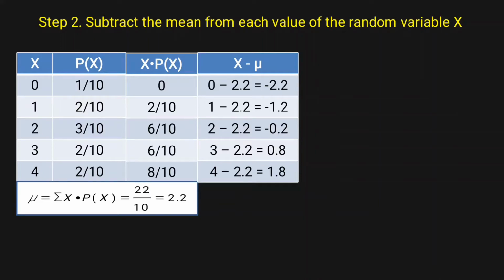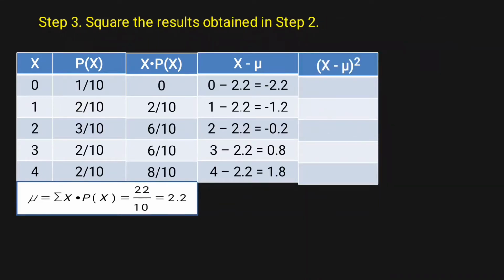Okay, so next step, square the results obtained in step 2. So, square lang natin ang negative 2.2. Okay, so negative 2.2 square, just multiply by itself. The answer is 4.84.